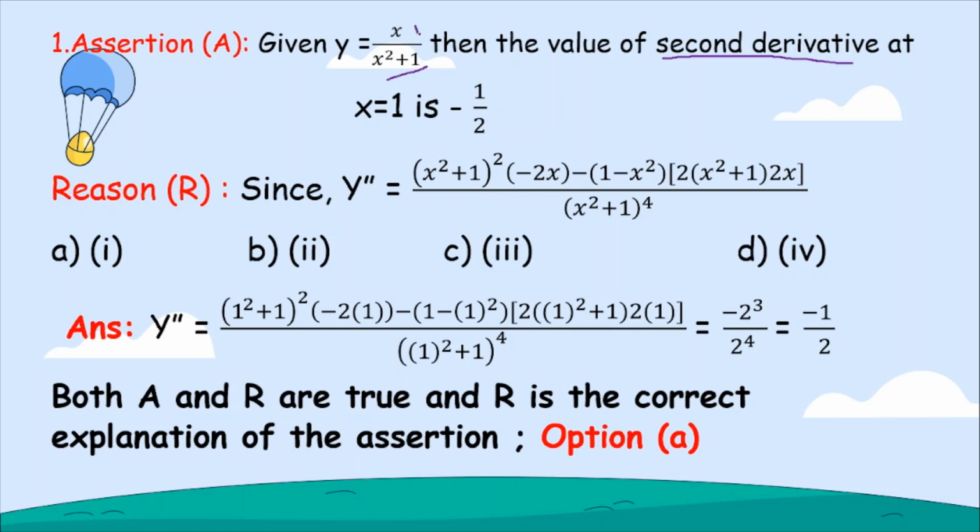If you check, the first derivative uses the u by v formula. When you differentiate, u by v the whole dash equals u dash v minus v dash u divided by v square.